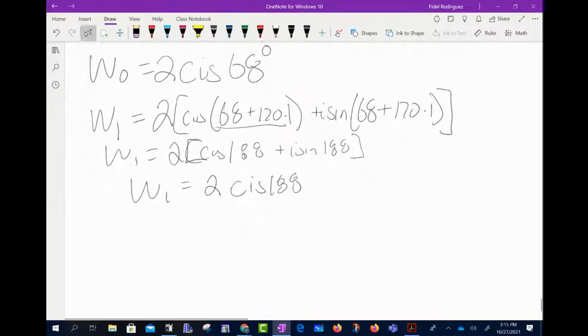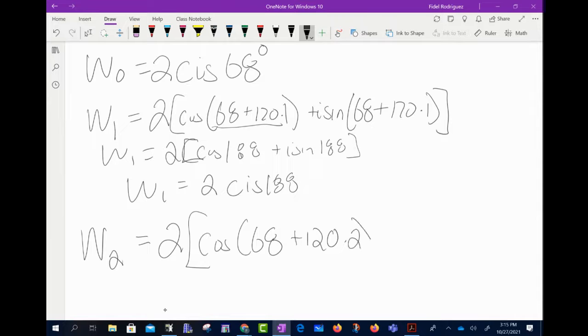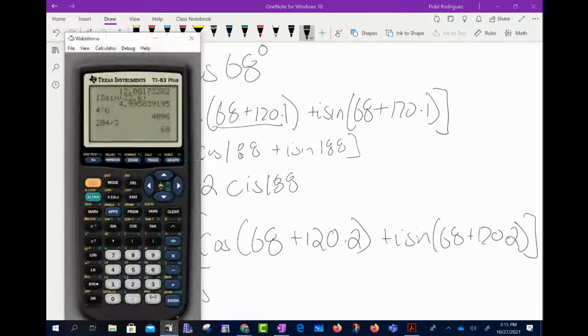We have to do this one more time, when k is equal to 2. So W_2 is going to be equal to 2 cosine of 68 plus 120 times 2, plus i sine of 68 plus 120 times 2. Let's see, 120 times 2 is 240, plus 68 is 308.